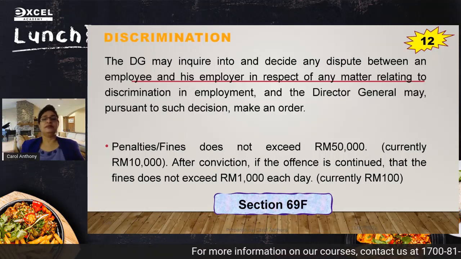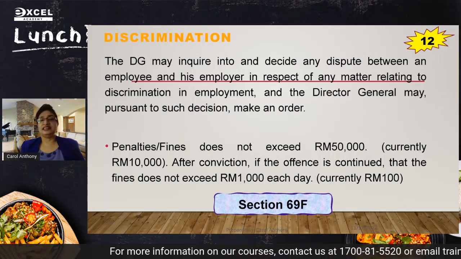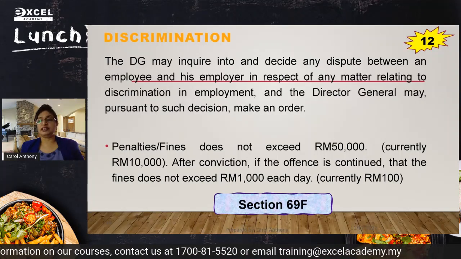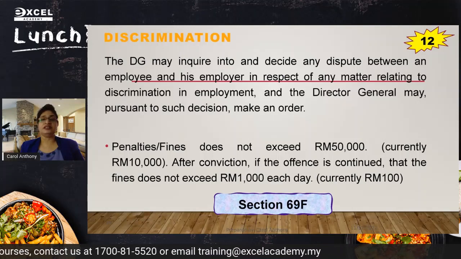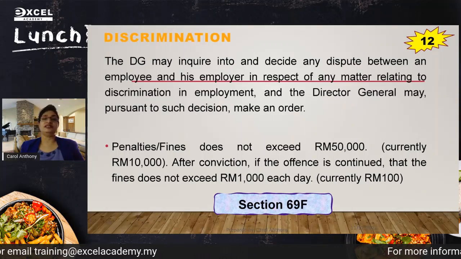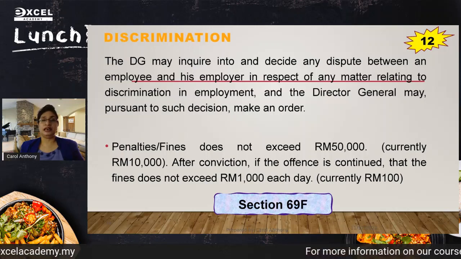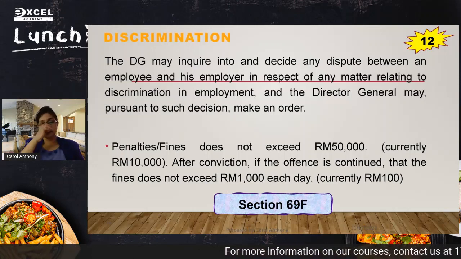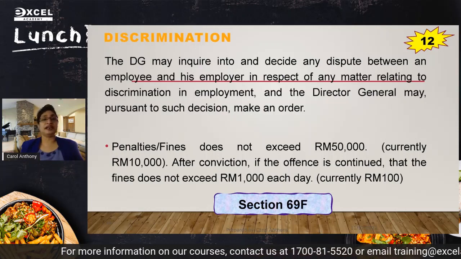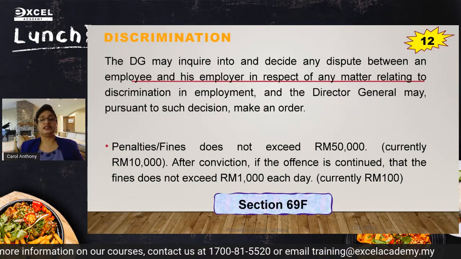So discrimination can be any form: gender discrimination, race, religion, or even if they are discriminated against because they are OKU, handicapped. So any form of discrimination should not be allowed in an organization. So you need to go back to all your policies, for example, pregnant employees, you should not discriminate against them.